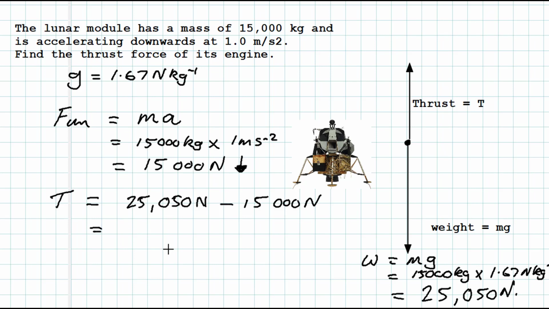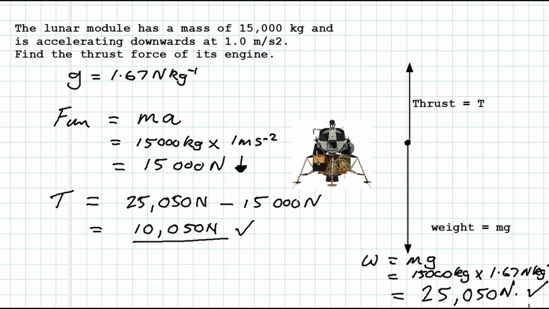So we do that little calculation, and we're left with 10,050 newtons. So that must be the thrust. So you can actually get a feel for the calculation, because we know the thrust is less than the weight, and it's less than the weight by the unbalanced force of 15,000 newtons.